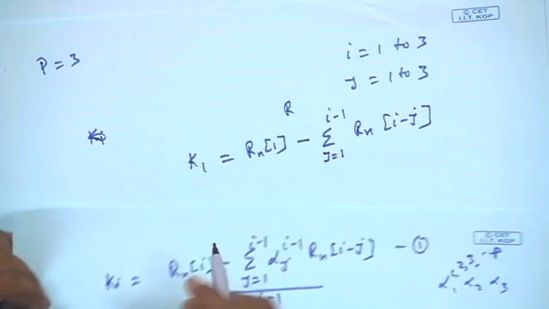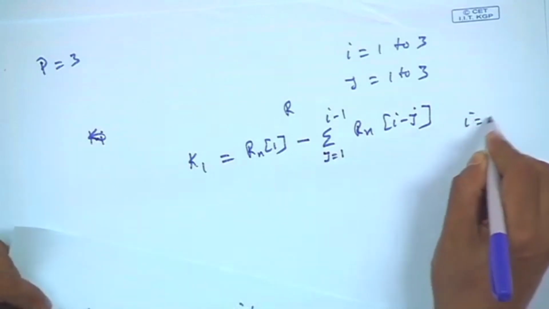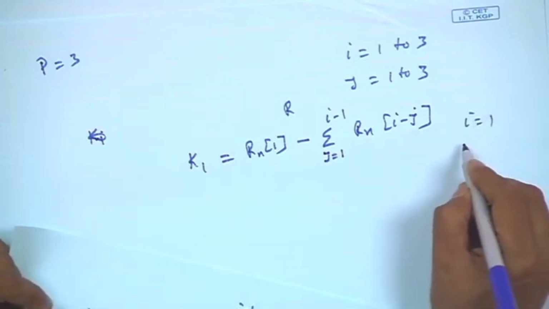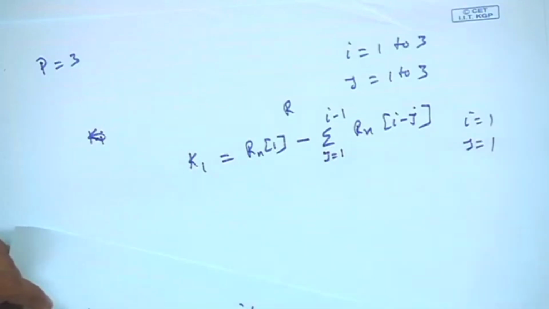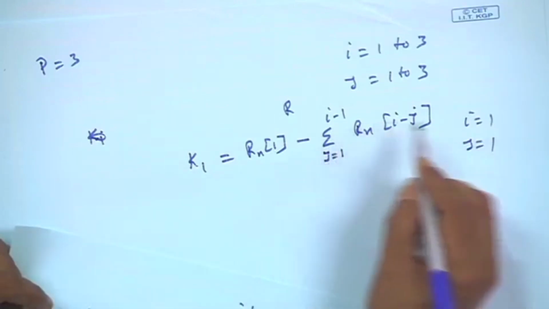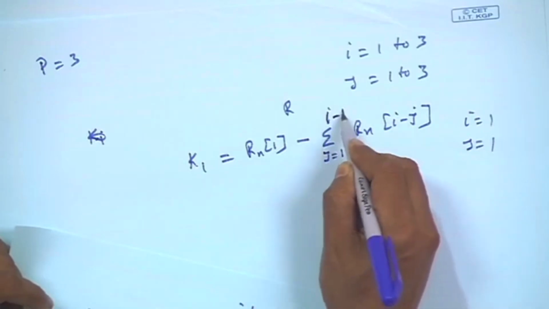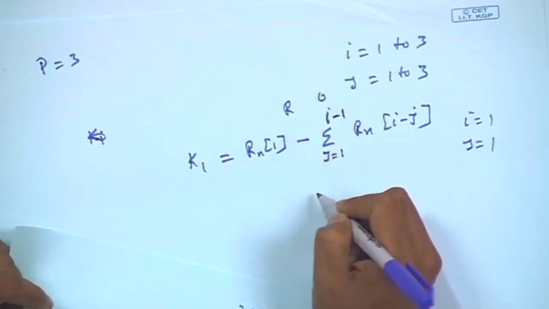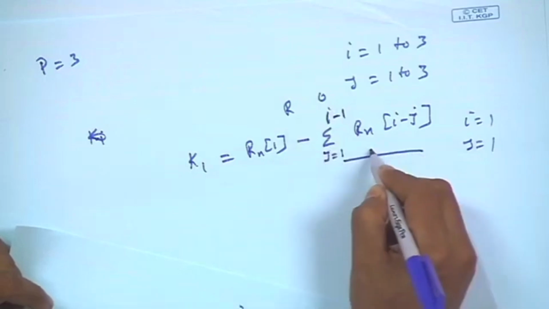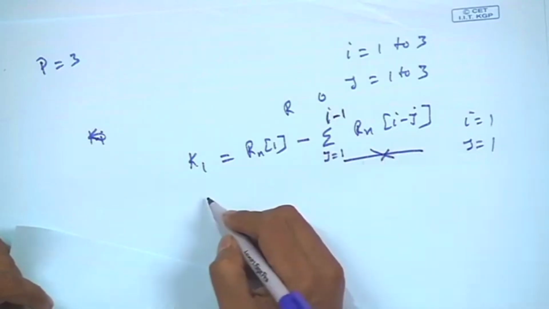Now, here I say I is equal to 1, so j is equal to 1, then I minus 1 is 0, so this will not be executed.